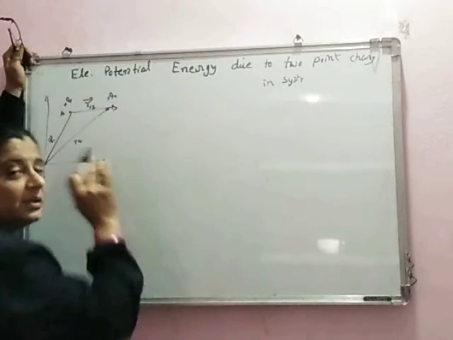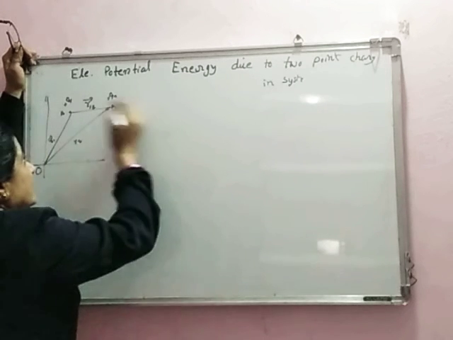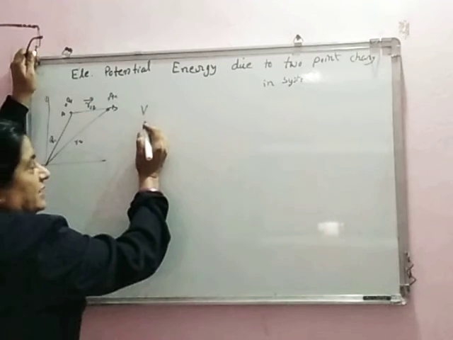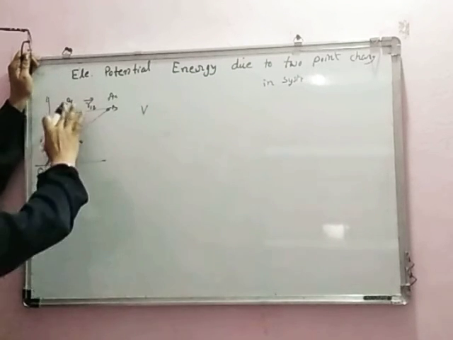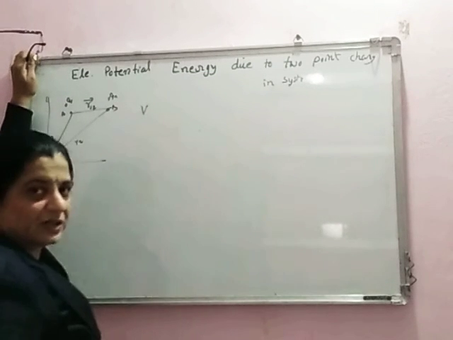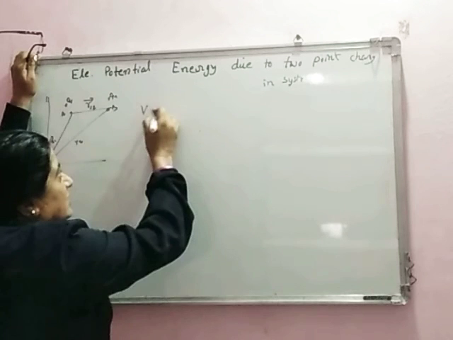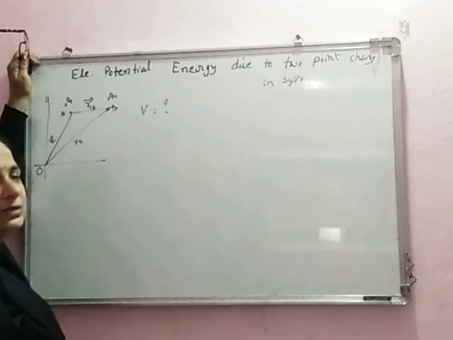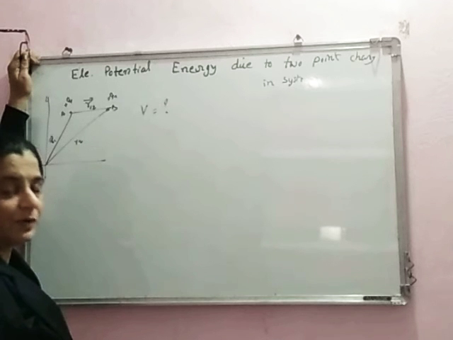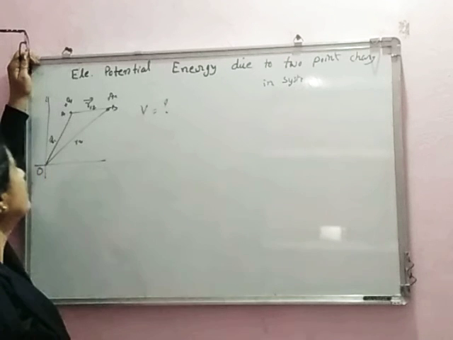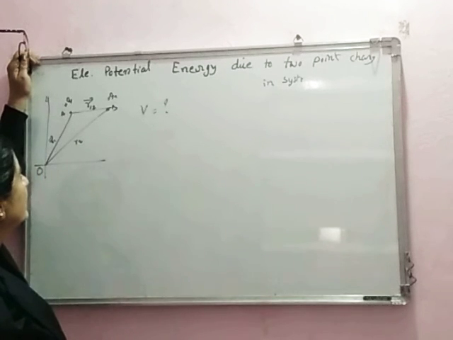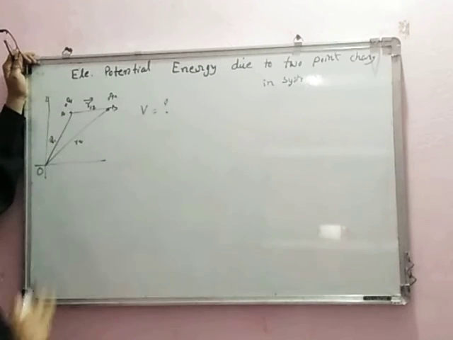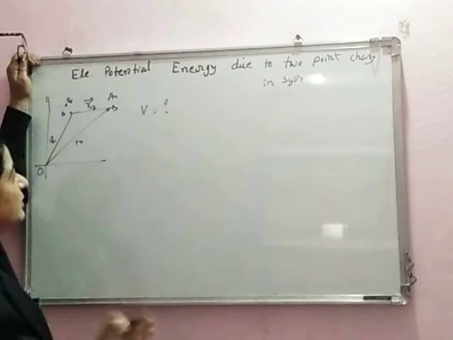Then what is the potential? Then electric potential is V. Electric potential V due to the point charge is V equal to 1 upon 4 pi epsilon 0 Q1 upon r1, the distance at which we are, so it is the electric potential energy.